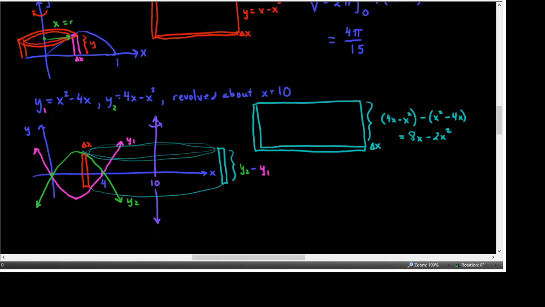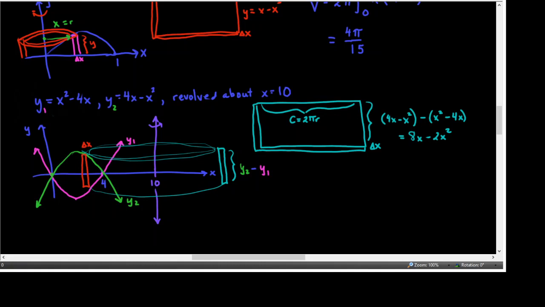Okay, this dimension, the circumference of that circle, is 2 pi r, and this is probably the hardest part of this, besides the width being y2 minus y1, which we've encountered before. This one is a little bit dicier, and that's why I really want to have a pretty decent picture so that I know what's going on.